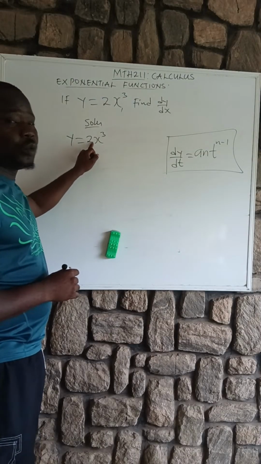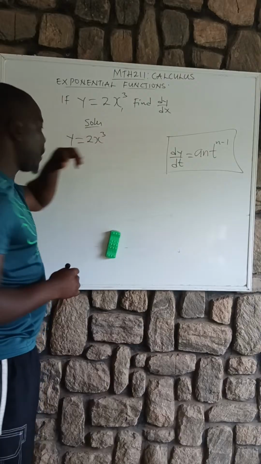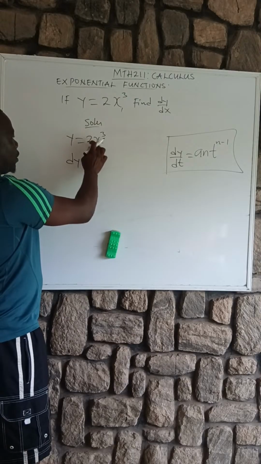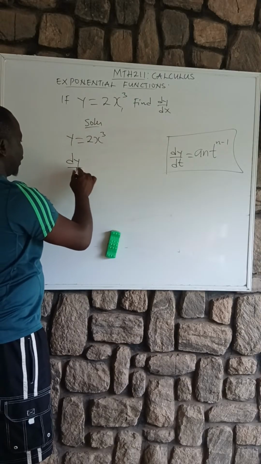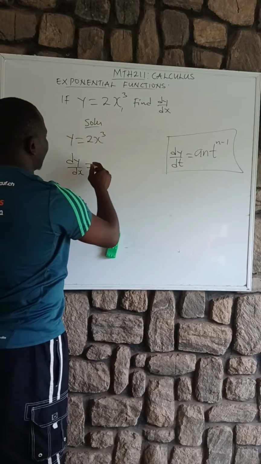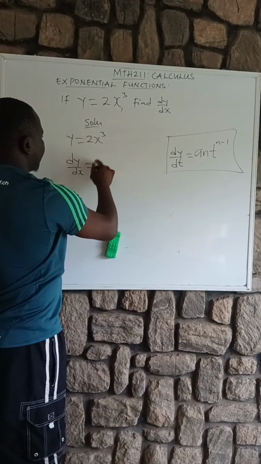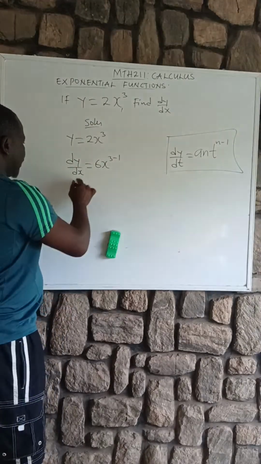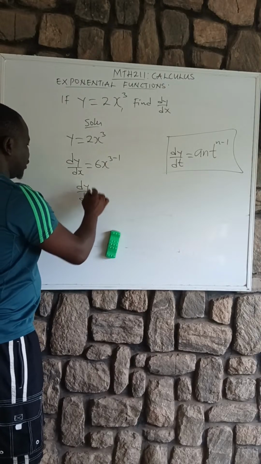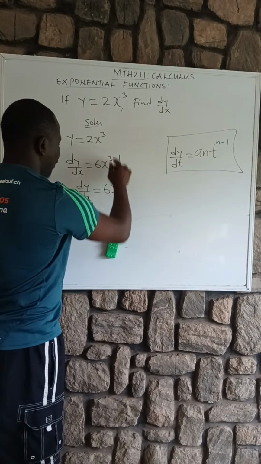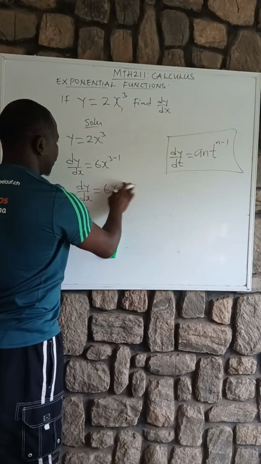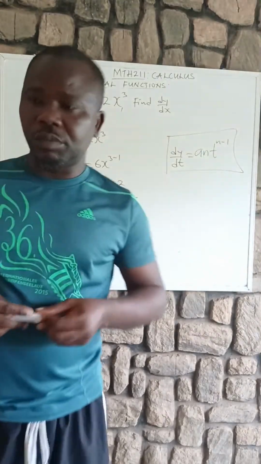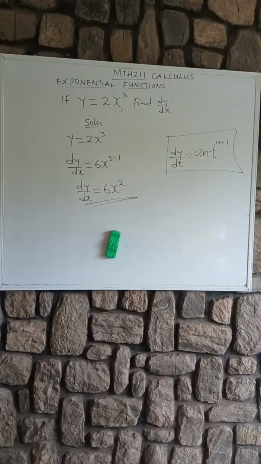What is your a here? 2. What is your n here? 3. We are differentiating with respect to x, so dy over dx is equal to: use the power to multiply, 6x raised to the power of 3 minus 1. Then the final answer is dy over dx equals 6x raised to the power of 2. Any question before we proceed?